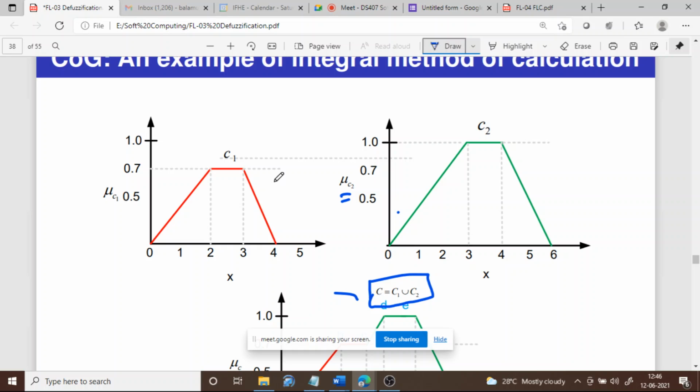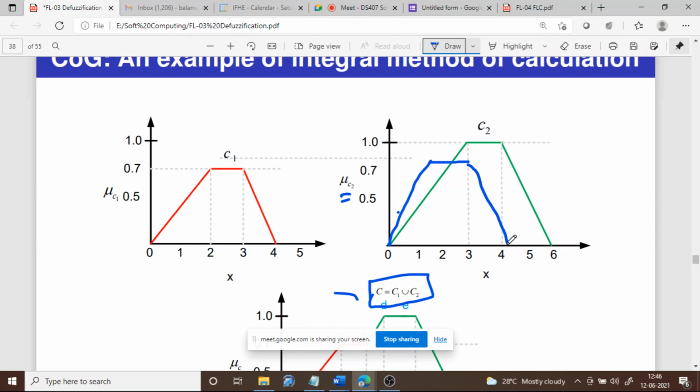If I draw C1 in this plot, at 2 it is reaching 0.7, then up to 3 it is continuing at 0.7. Then from 3 it is going down up to 4.